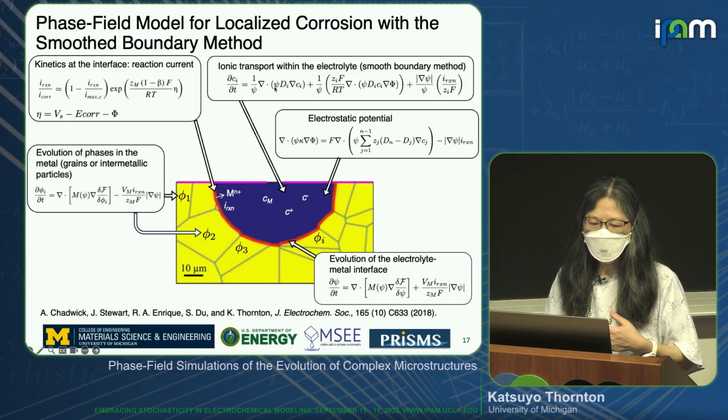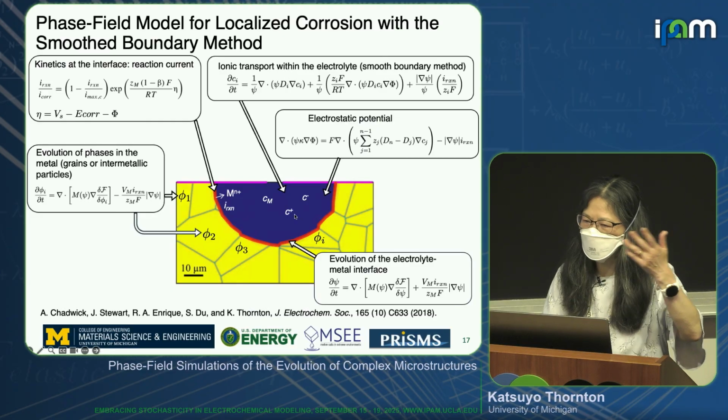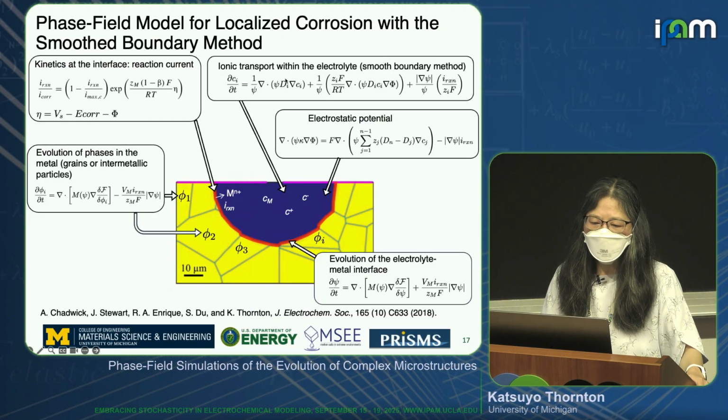So ionic transport in the electrolyte, which is a liquid, usually aqueous, because you may have seawater or whatever, and then you have the electrostatic potential in the electrolyte.